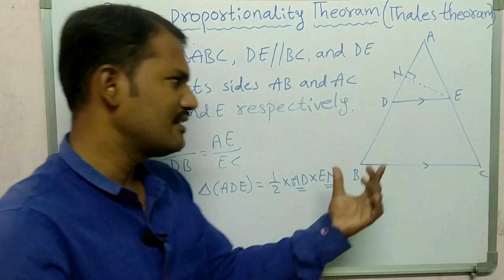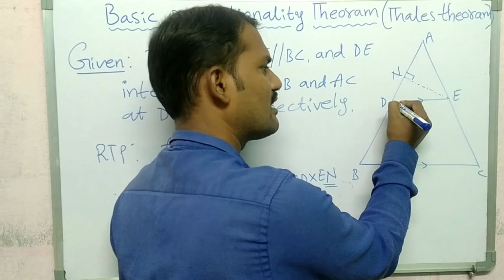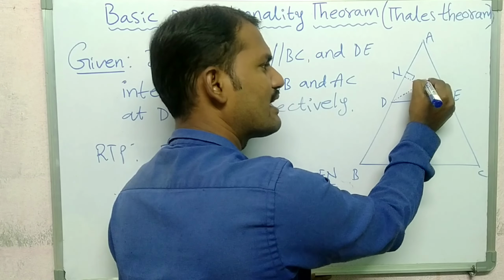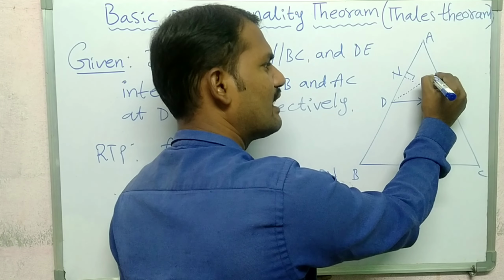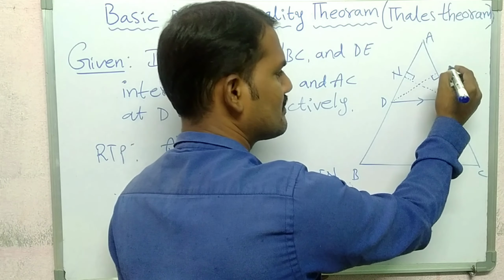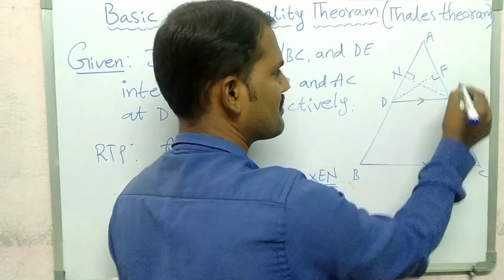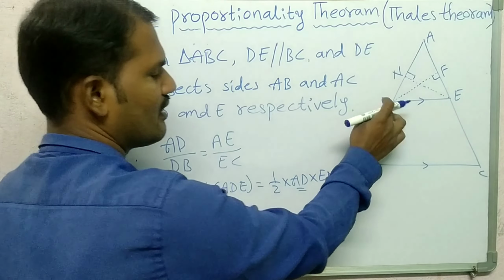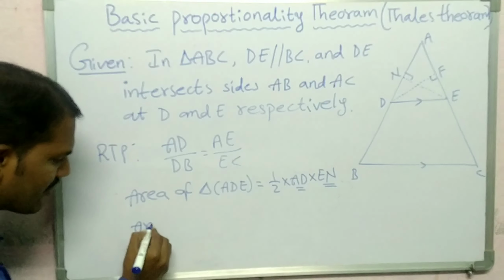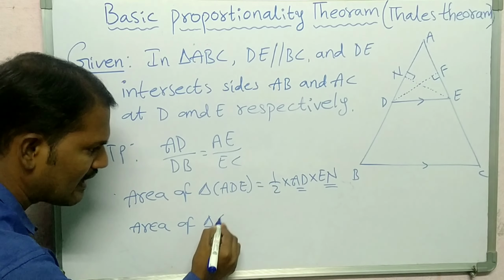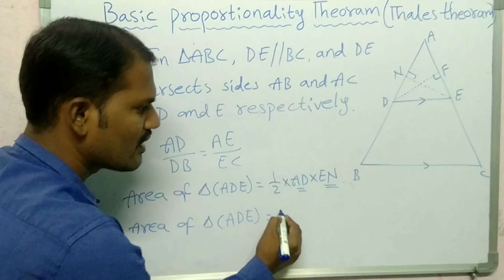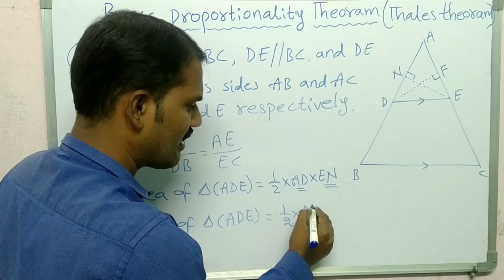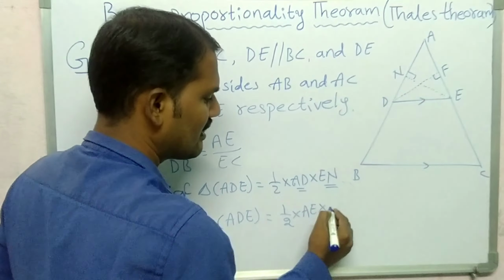And next, see one more. Here, for side AE, from the opposite vertex D, let us draw a line that is perpendicular to AE. This is F. In triangle ADE, area of triangle ADE equal to 1/2 into base AE into height DF.